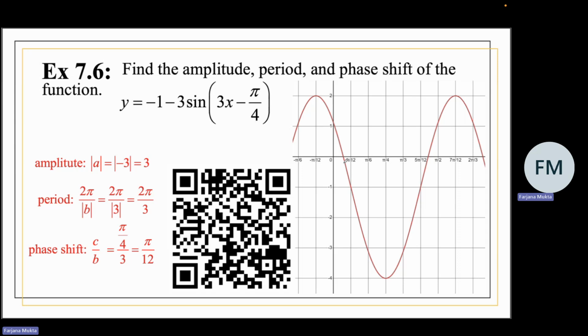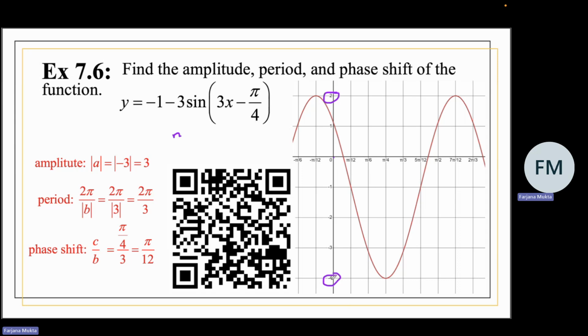It says amplitude is 3. That means, as we have learned by the definition, for calculating the amplitude, we subtract the minimum from the maximum and we divide it by 2.